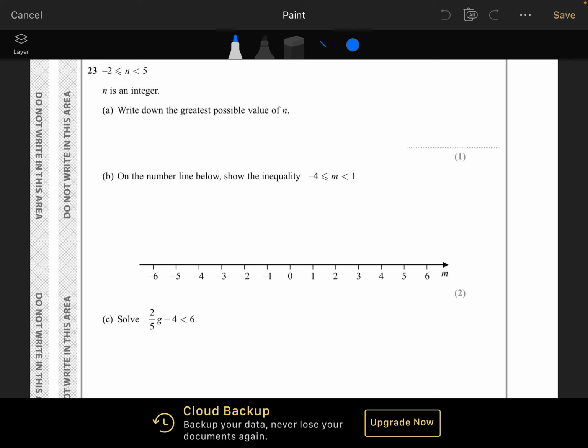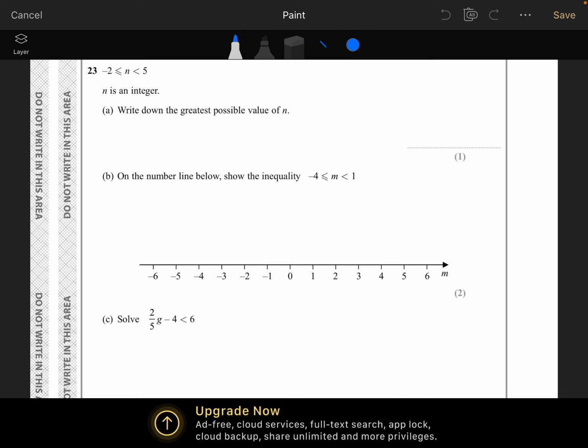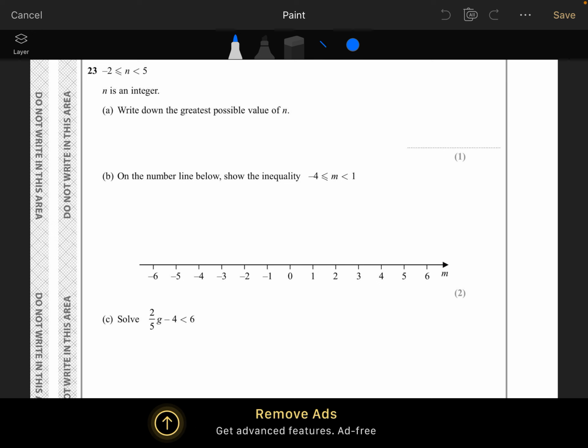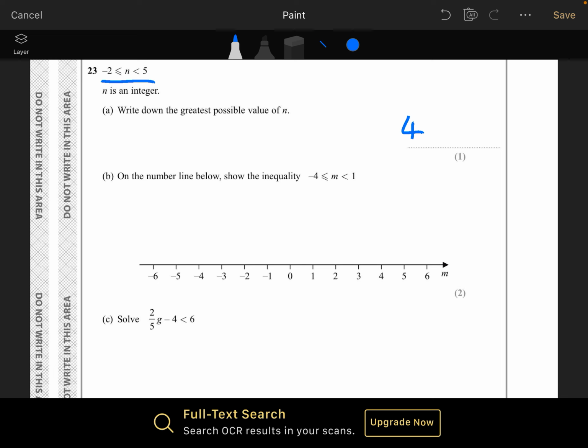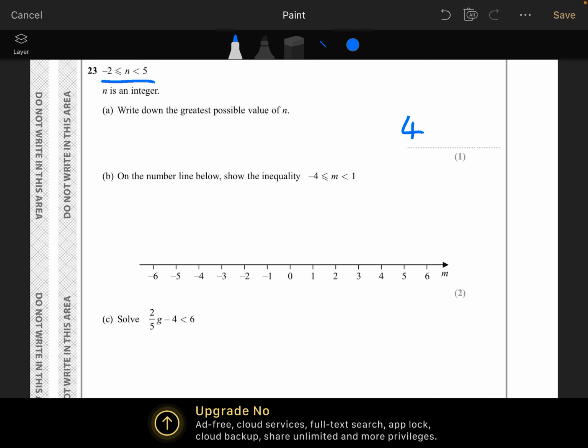So the greatest possible value of n means it's got to be less than 5. It can't be 5, so the next one down from 5 would be 4, and none of the other whole numbers that apply to this would be bigger than 4, because they all have to be less than 5. So 4 is the next one down, rather.